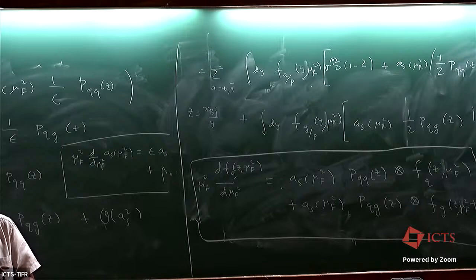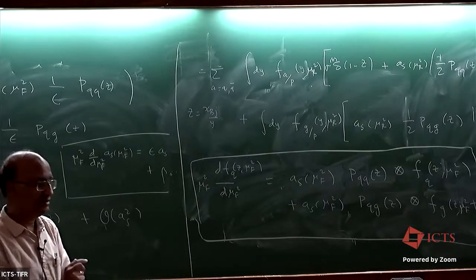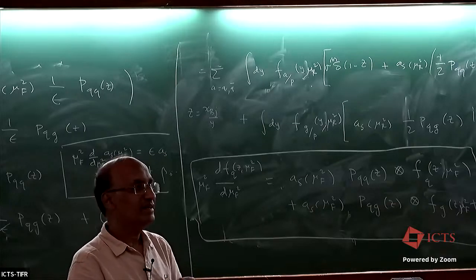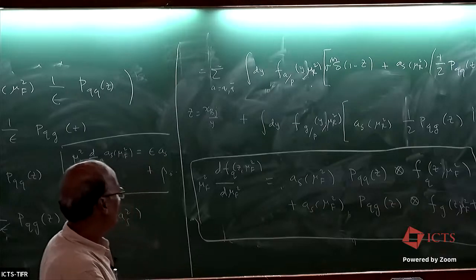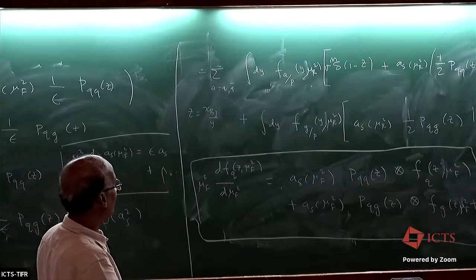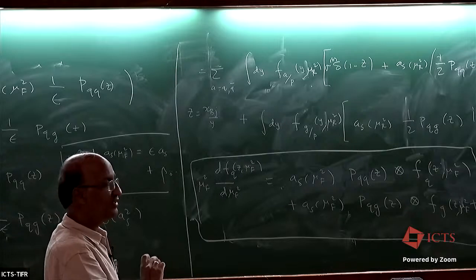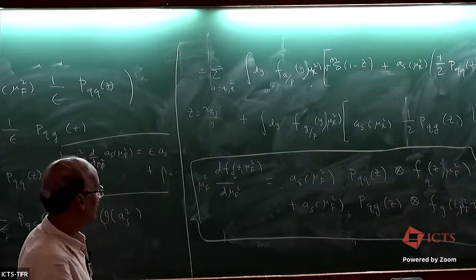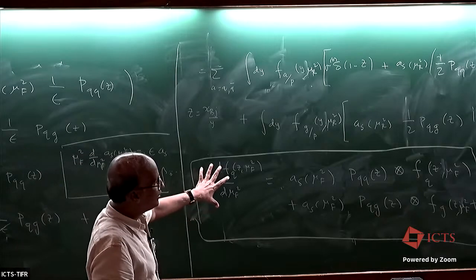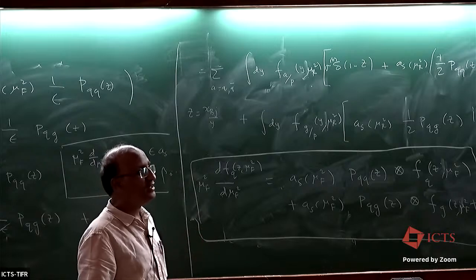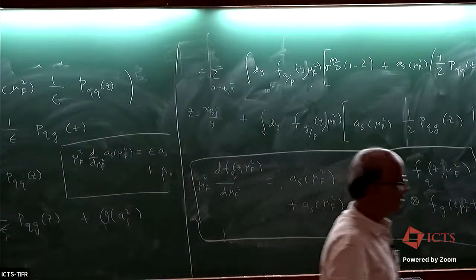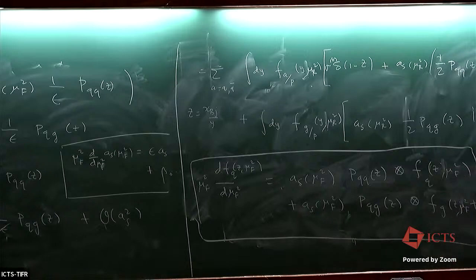Huh? What is that? Loudly. DGLAP equation, yeah. It is called Altarelli-Parisi, or Dokshitzer, Gribov-Lipatov, Altarelli-Parisi, DGLAP evolution equation. It tells you how the PDF evolves according to the scale. So I can write down actually the correct one.